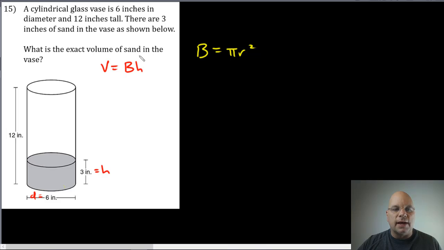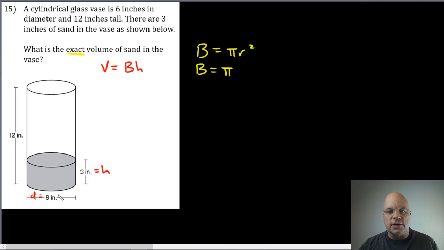It has specified. This is another thing about this problem that you need to be looking out for. You may wonder, what should I use for pi? It says the exact volume of sand. And so you can't substitute 3 or 3.14. You just need to let pi be pi. That's the only exact representation of pi, is the symbol pi. That's why it's given a symbol.